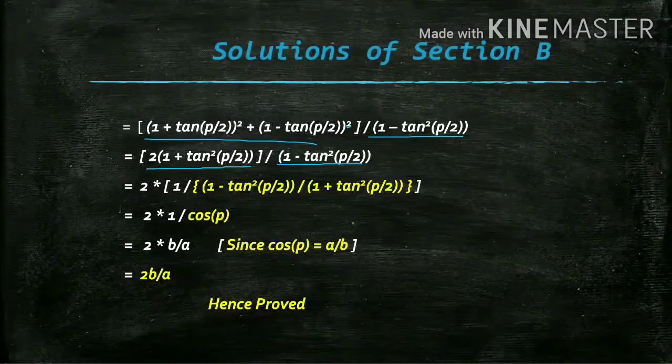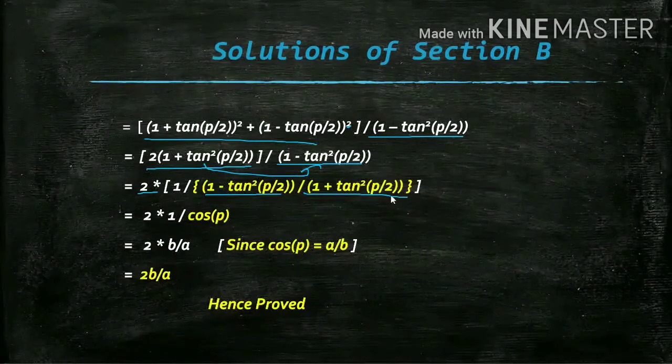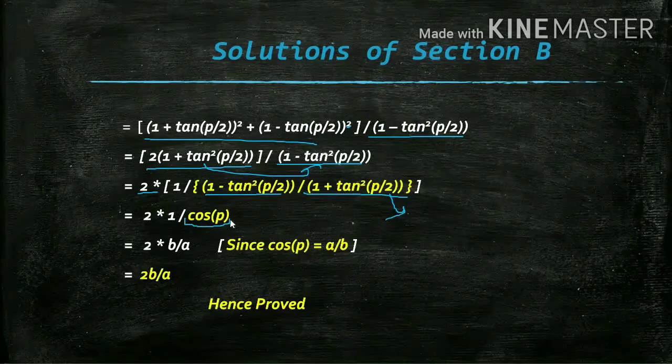Alright. Now what you can do is take 2 outside and flip the fraction, so that means writing this as 1 upon (1 minus tan square pi by 2) divided by (1 plus tan square pi by 2). Using the trigonometric identity, if you know this, you must have known that this is nothing but cos of pi. If you know this trigonometric identity, well and good.